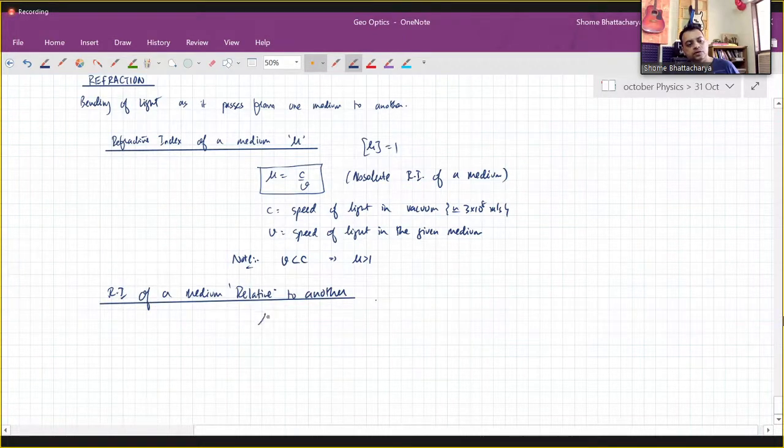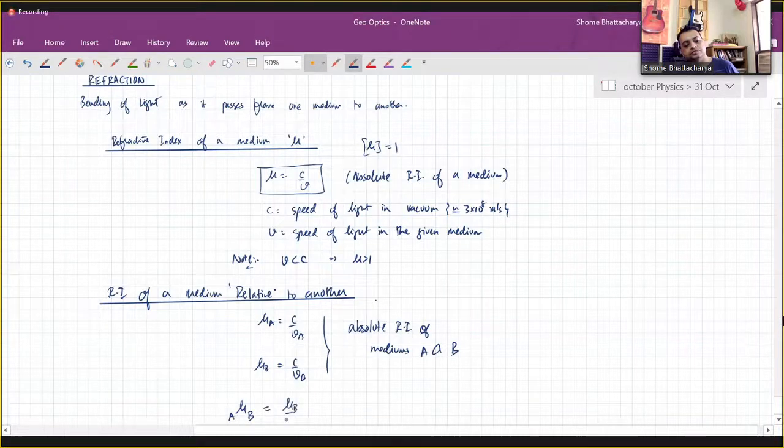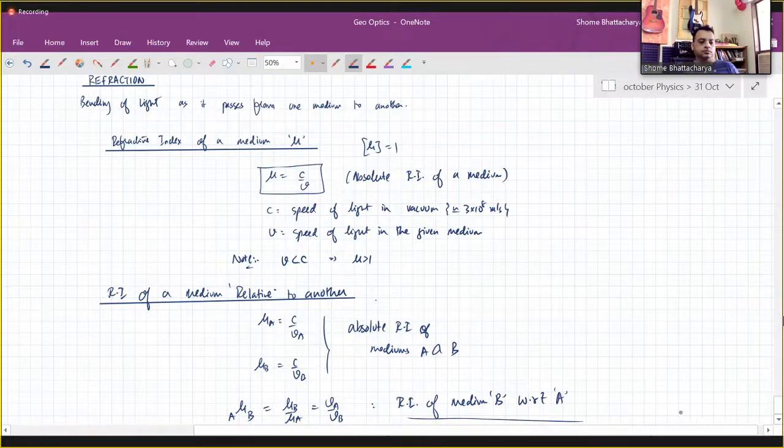So if we have these absolute refractive indices of mediums A and B, then we define the refractive index of B with respect to A, like this. So the notation should be clear for relative refractive index.